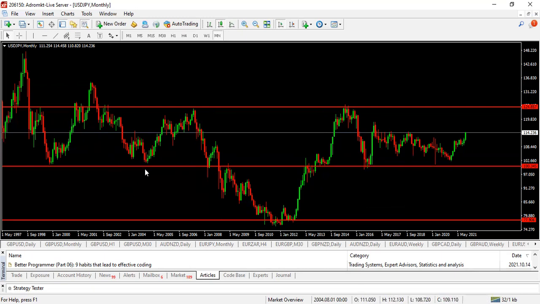And of course, you wait to see what price will do when it gets at a certain level. Now, that's if you have a long-term swing. This is the monthly chart we're talking about. Now, of course, there are other levels.